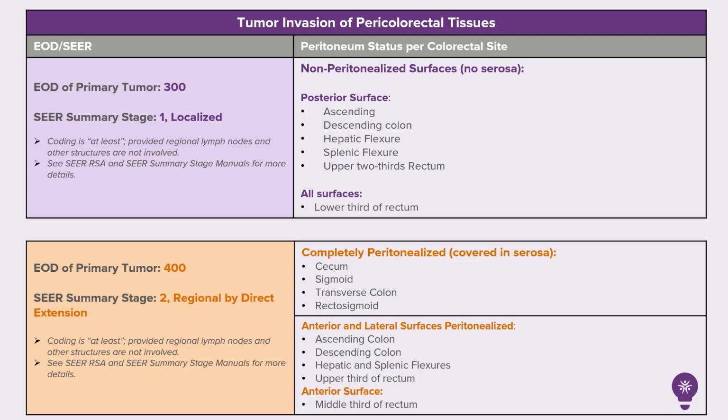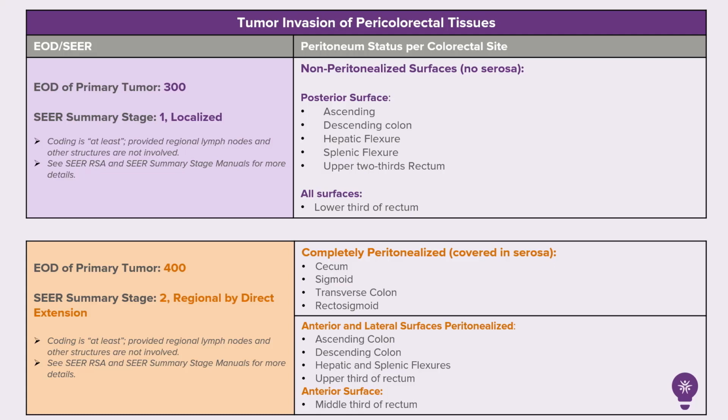So moving down, completely free of peritoneum are the posterior surfaces of the ascending and descending colon, hepatic and splenic flexure, upper 2/3 of the rectum, and then all surfaces of the lower third of the rectum are completely non-peritonealized. When there is pericolorectal tissue invasion, all of these specific structures of the colon subsites and the specific segments of the rectum are coded as EOD 300 and SEER Summary Stage 1 localized.